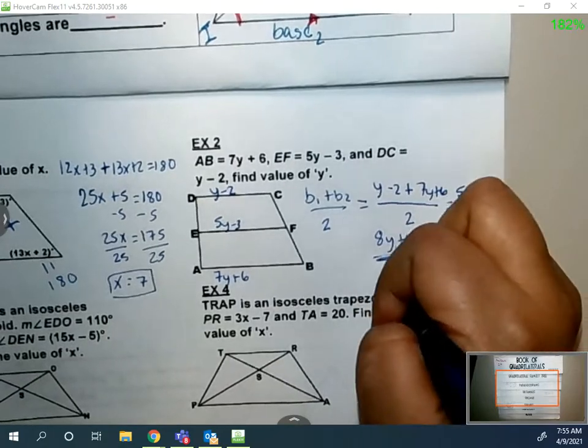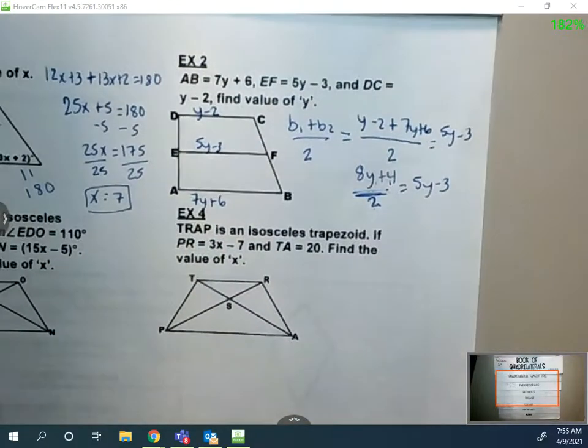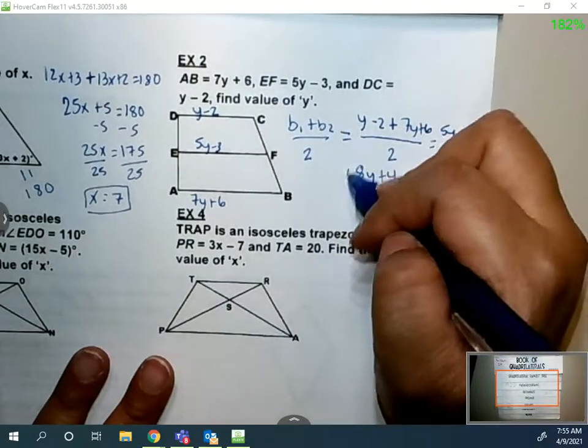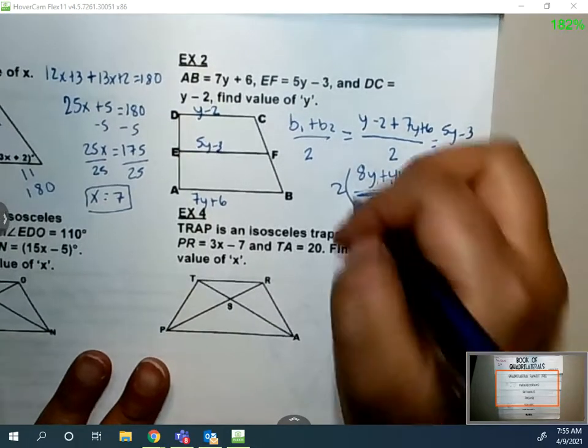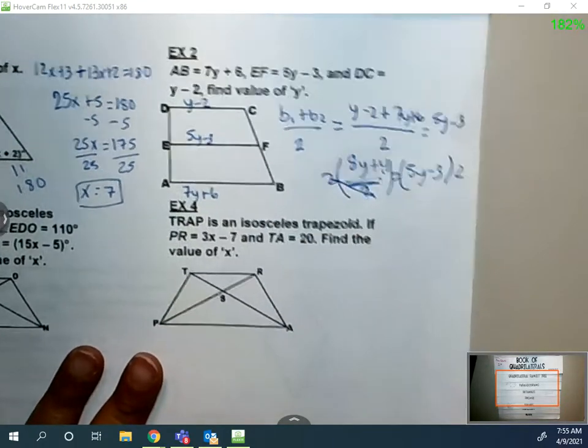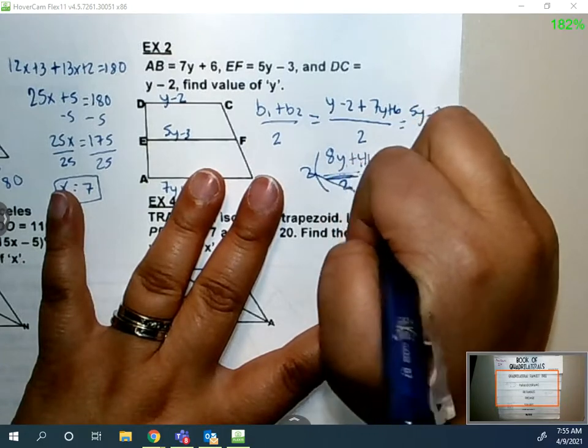Okay, so I want to get rid of this 2. What would I do? So multiply by 2 to both sides. So the 2's are going to cancel. 8y plus 4 is equal.